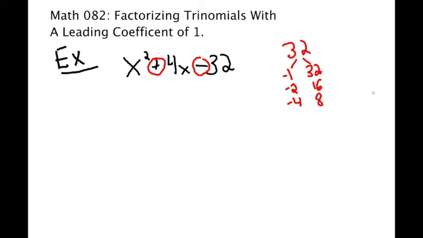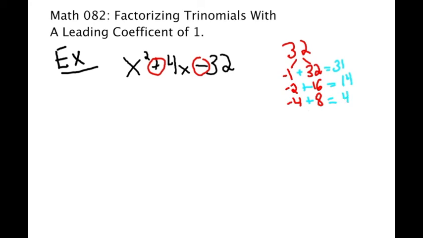And those are all our factors. So now that we've listed all our factors, we're going to do negative 1 plus 32, and that's going to give us a positive 31. We're going to do negative 2 plus 16, that's going to give us a positive 14. And negative 4 plus 8, that is going to give us a positive 4.